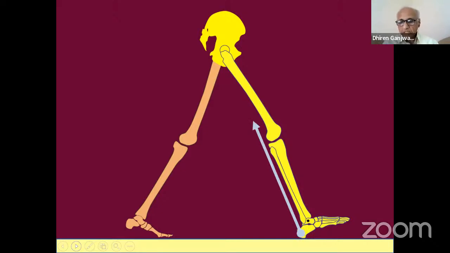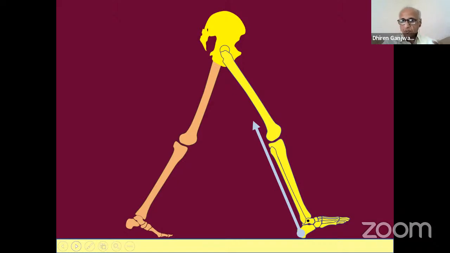This ground reaction force starts from the heel and goes upwards towards the center of the body. At the ankle, the black dot suggests the center of rotation of the ankle joint. Now this ground reaction force is behind the ankle joint.